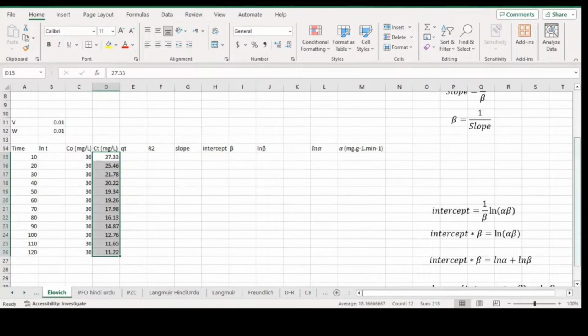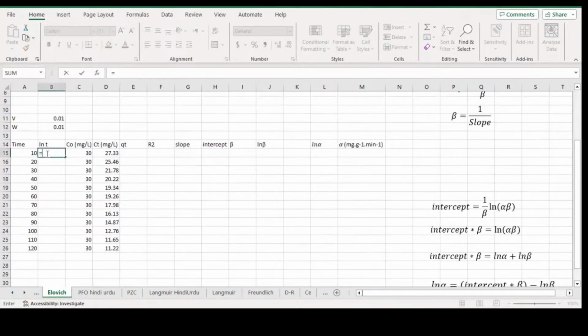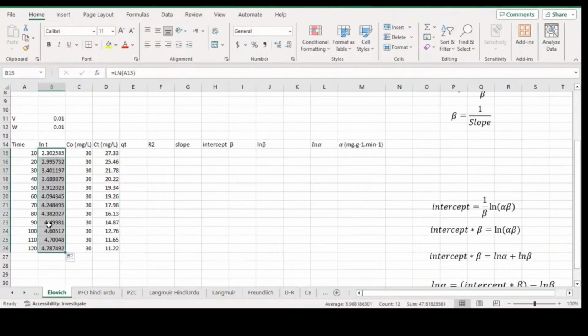According to the formula, our x-axis will be ln t. So we will calculate ln t first and then we will calculate the y value, the qt value. For calculating ln t, we will take ln of the time value. So this is our ln t value.